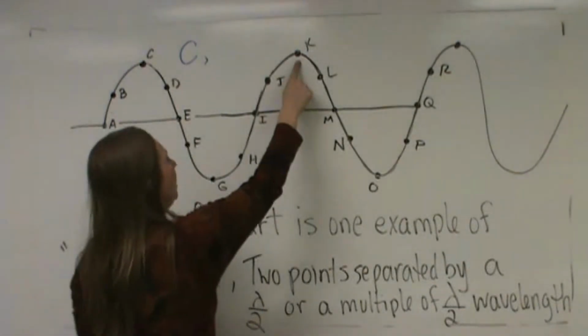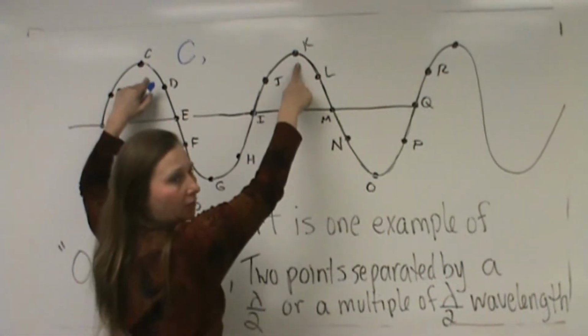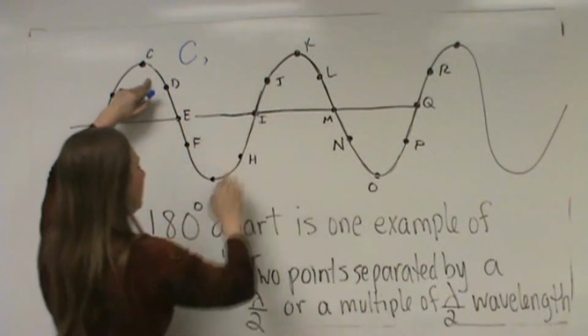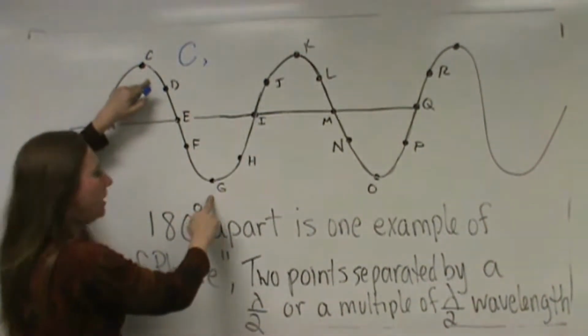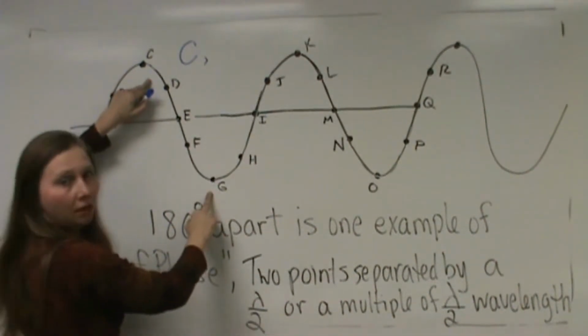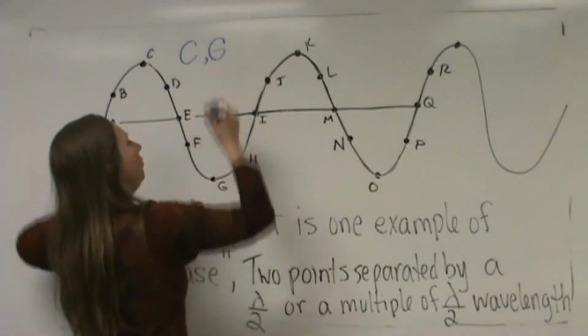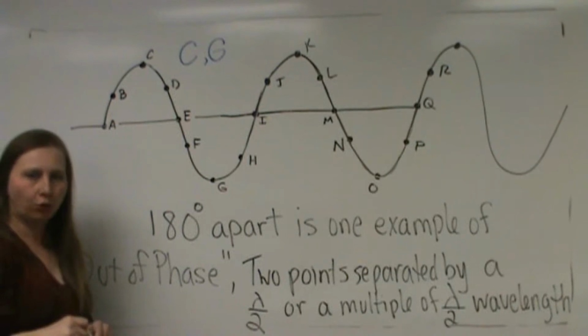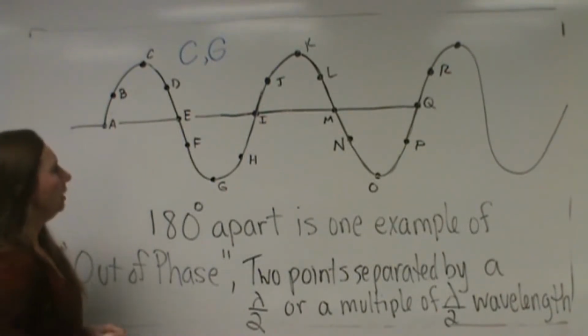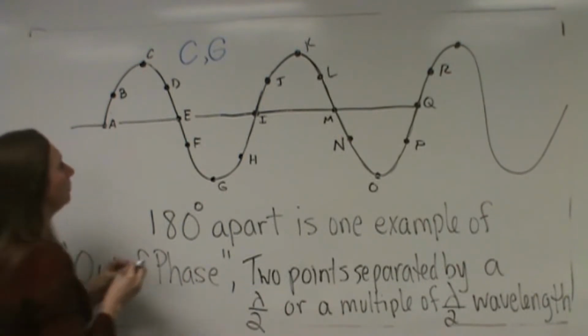Now, K, the other crest, would be 1 wavelength away. So halfway between that, G, would be a half a wavelength away from C. So C and G are 180 degrees out of phase. That's as out of phase as you can get. Now, what's another example?